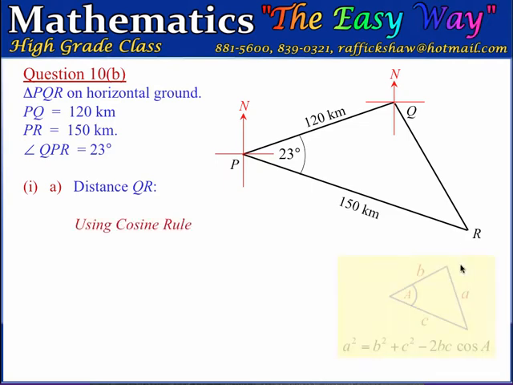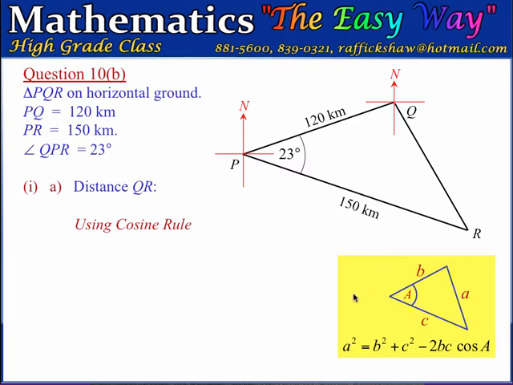Just to remind us of the cosine rule, this is it. When we have two sides and an angle between those two sides, the side opposite the angle A will be such that A squared is equal to B squared plus C squared minus 2 times BC times the cosine of the angle A, which is opposite to side A. And that's the cosine rule.